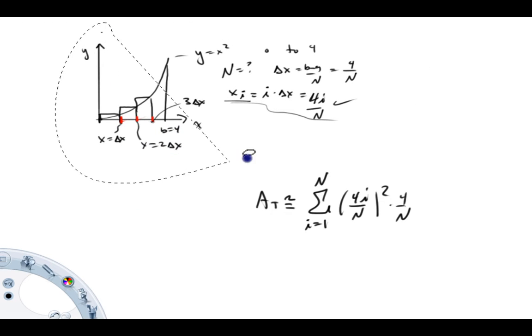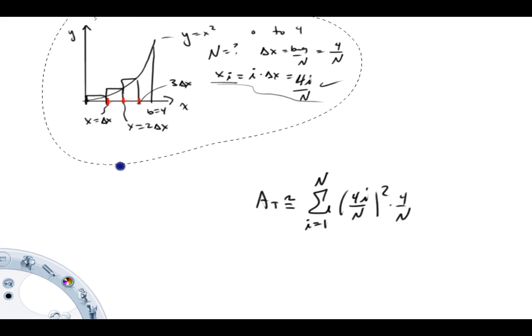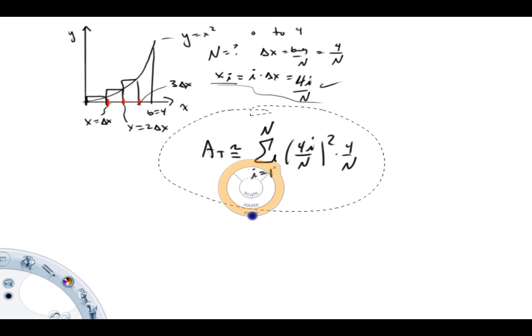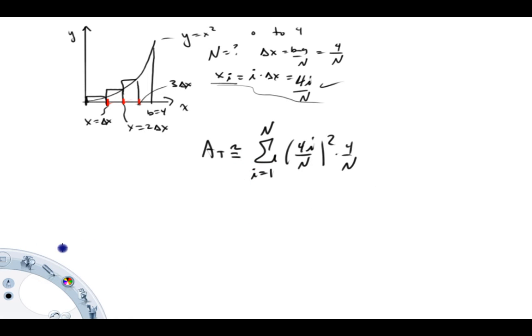This is going to be approximately equal to the sum, i equals 1 to n. Let's separate stuff off here a little bit. 4 squared is 16 times 4 is 64. n squared and another n is n cubed, and then i squared.